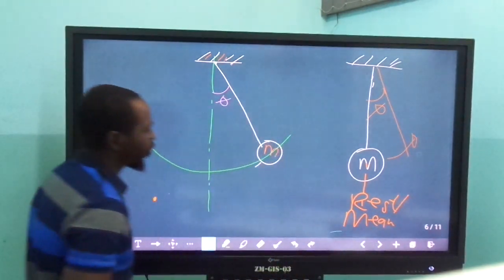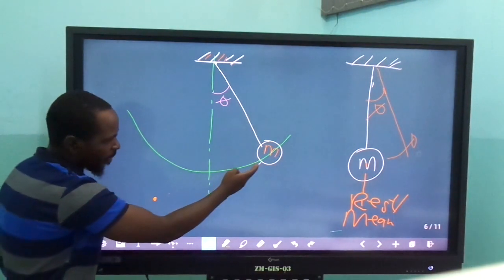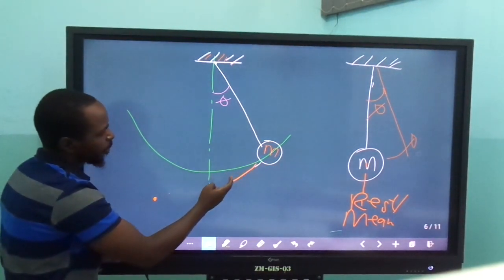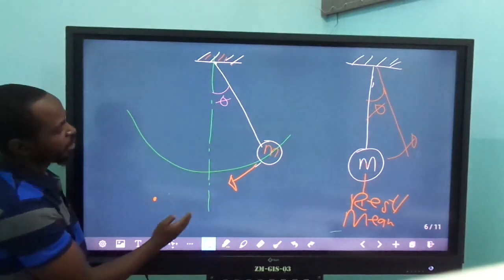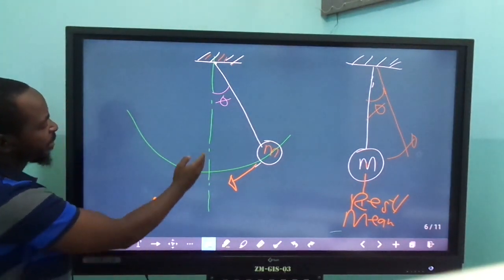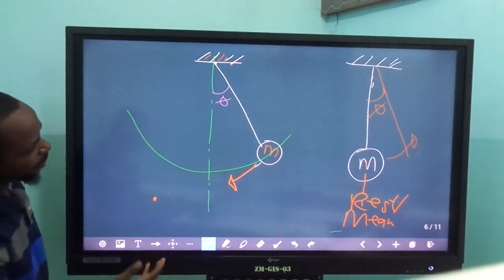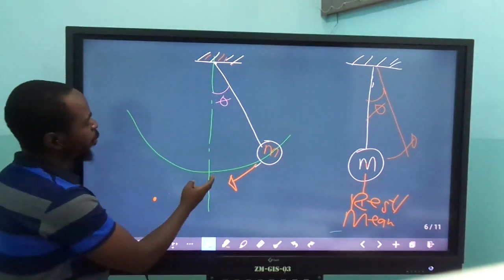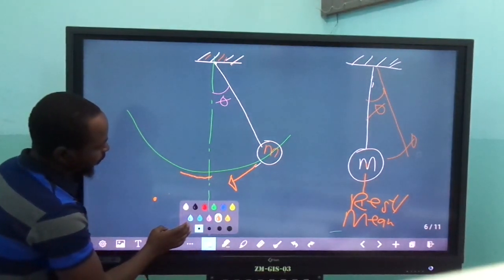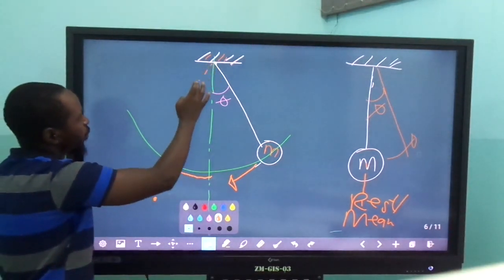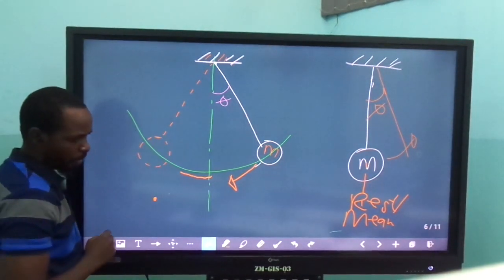When we remove that force, the mass will start moving to get back to its rest position. But when it reaches the rest position, it will still have kinetic energy, so it will go beyond the rest point and come to this point.